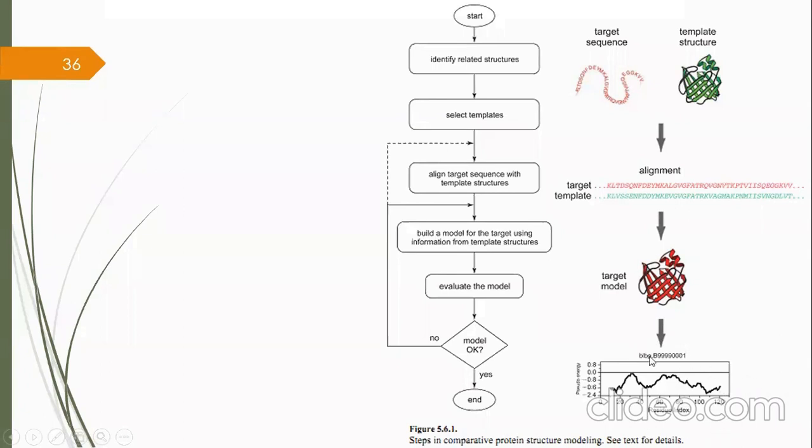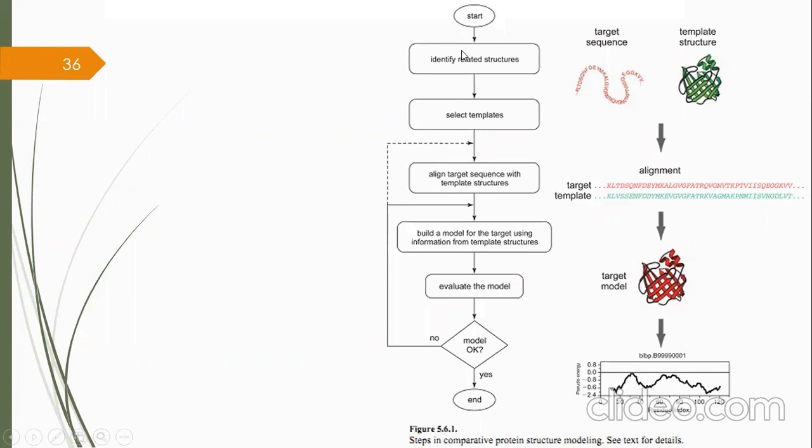According to those parameters, we will know how reliable the structure is. We will be talking about these in detail in the coming slides. What are they? How the DOPE score and the SOAP score and these sort of scores. These scores evaluate the structure, whether that structure can be relied upon or not.